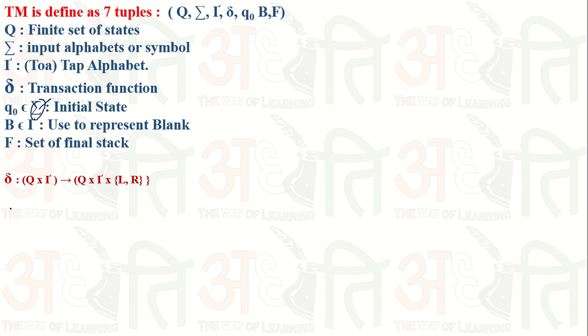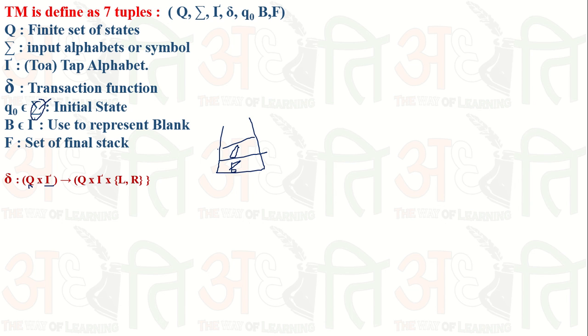So Q is the current state, and gamma represents the symbol at the top of the tape. Suppose here it is a blank. So what is the top of the tape? It is a blank, or it can be any input string.